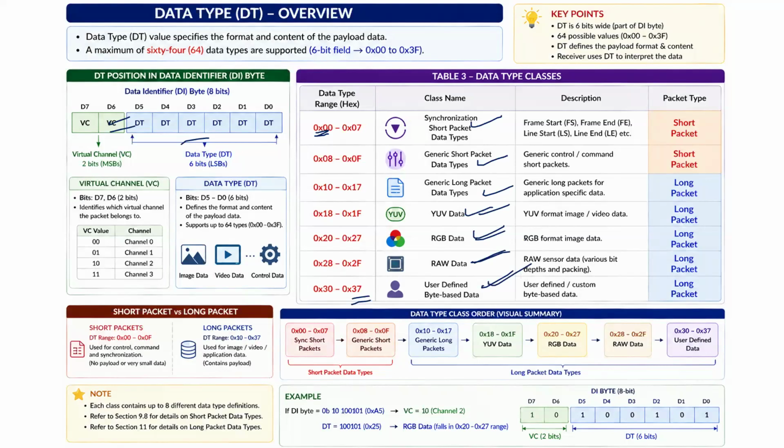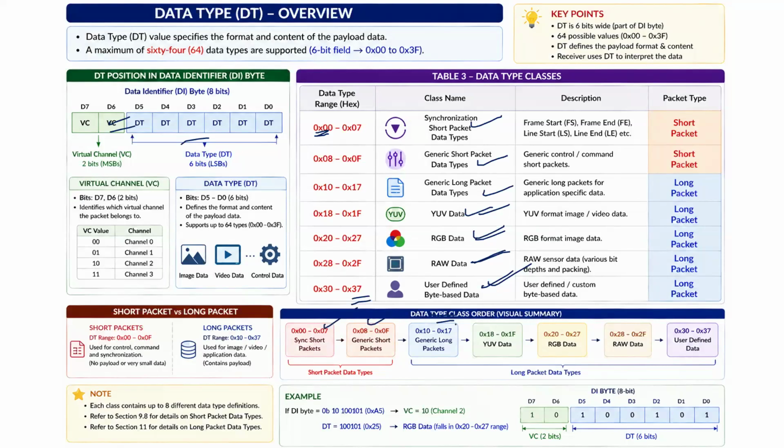So all these things are transferring. That means you are shipping the box from the transmitter to the receiver side. We use many different data types. So these are the different data byte type classes we have.